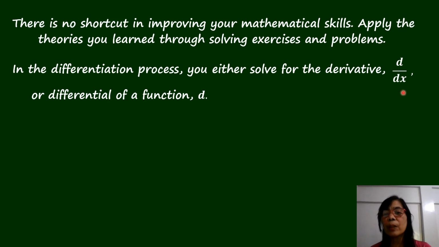In finding the derivative, we use the operator d over dx if the independent variable is x, d over dt if the independent variable is t. Meaning in this symbol, the variable in the denominator tells us the independent variable of the function. While in finding the differential of a function, we use the small letter d as the operator. So if you're to find the differential of x, this will be dx. To find the differential of y, we use the symbol dy.